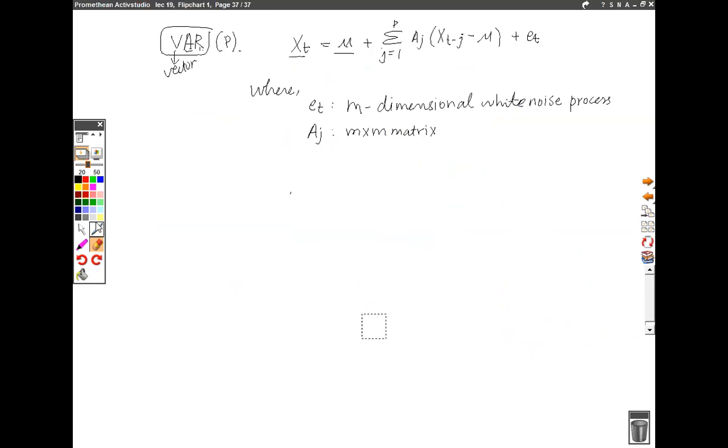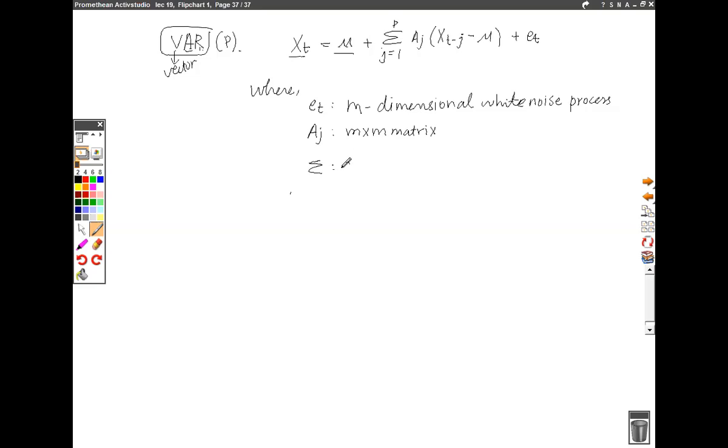So, yeah. And now again, we see that the ETs are white noise processes, which are normal with mean 0 and some sigma. So if I were to write the variance for this E now, it will be nothing but the dispersion matrix. And what do I mean by dispersion matrix?